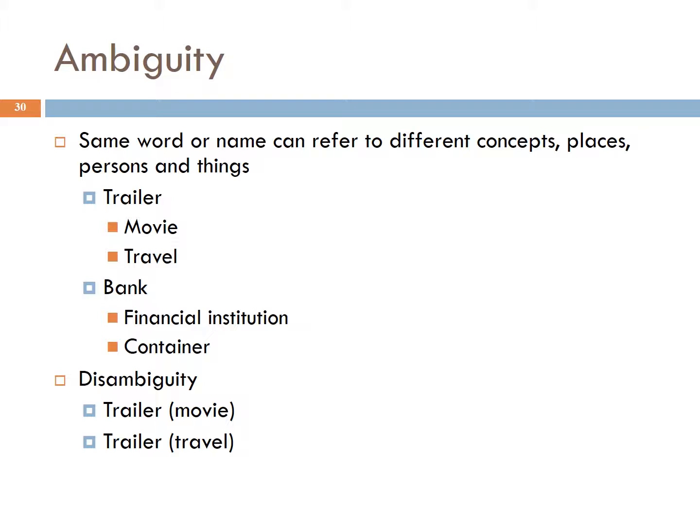It can also be different places, different persons, different things. Trailer, the kind you tow, and the trailer that lets you see the scenes worth seeing in a movie to entice you to buy a ticket. These are both trailers.